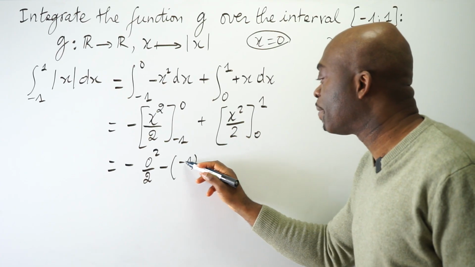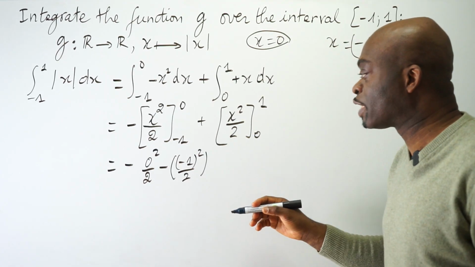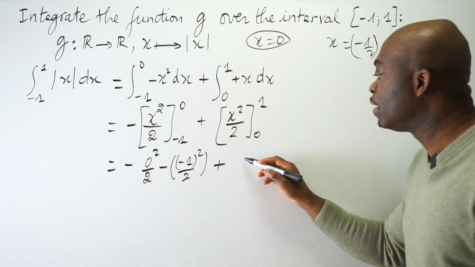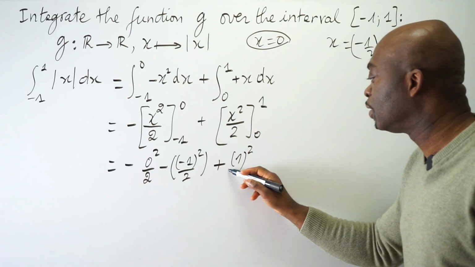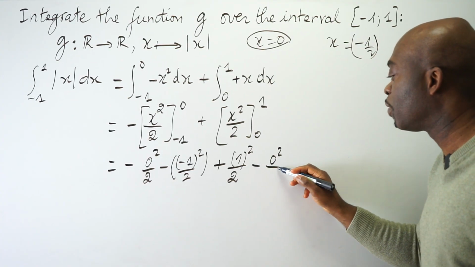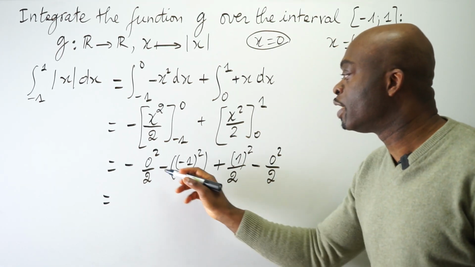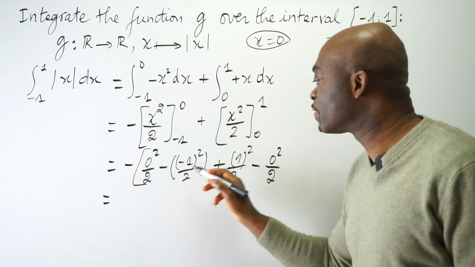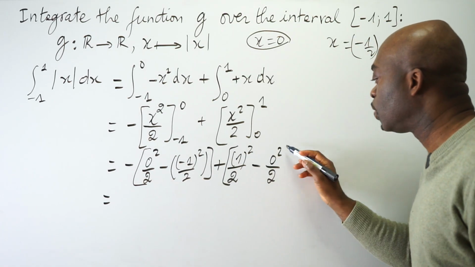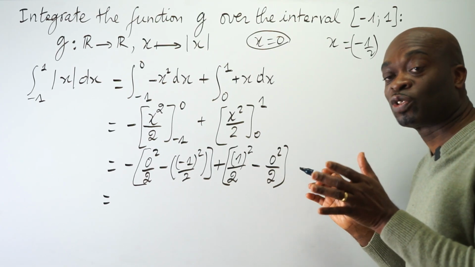For the first one, that's 0 squared over 2, minus (-1) squared over 2. Plus, for this one, 1 squared over 2 minus 0 squared over 2. Remember, the negative sign is for the first part, so we keep it that way. You can put brackets to split things and make them easier to see.